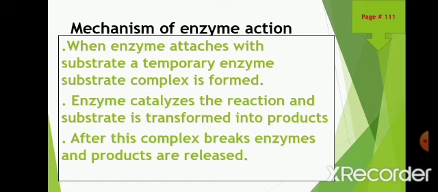The second topic that we have to discuss is the mechanism of enzyme action, that is on page number 111. How do the enzymes perform their activity? When an enzyme attaches with a substrate, a temporary enzyme substrate complex is formed.